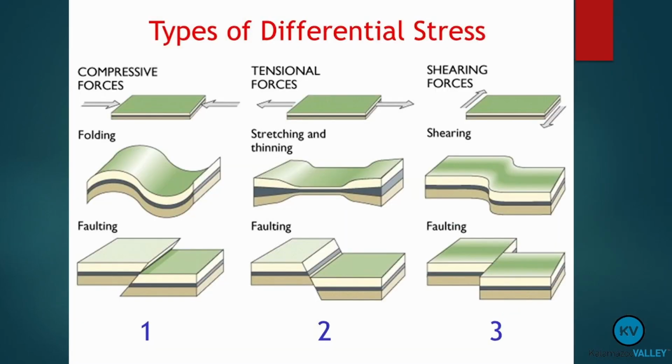This is just a visual summary for you guys. I like this figure because it organizes things in terms of the applied stress. So you have the applied stress up here: compressional, tensional, and shearing. But then if you look at it this way, it's folding or stretching or shearing in a ductile behavior.